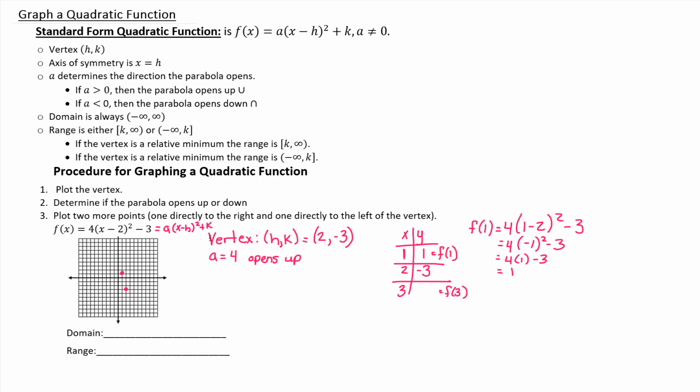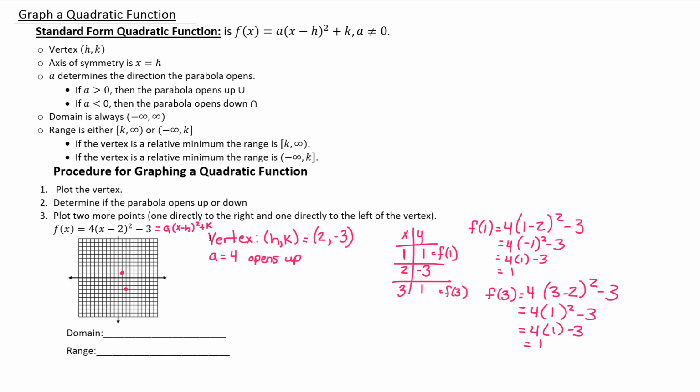So f of 3 is 4 times, wherever there's an x, put in 3, and everything else remains the same as in the original equation. So this is 4 times 3 minus 2 is 1 squared minus 3, and it's 4 times 1 minus 3, so 4 minus 3 is 1.